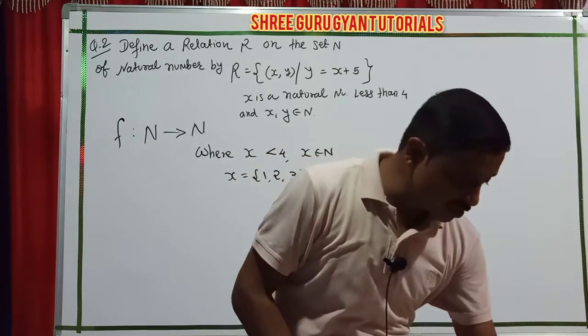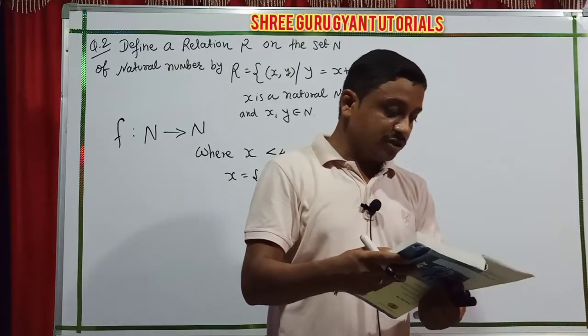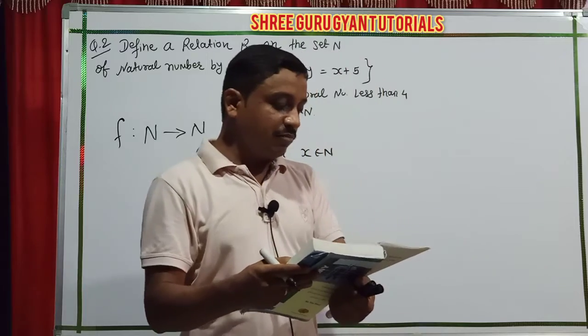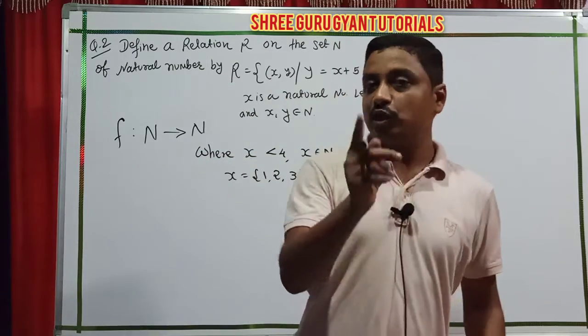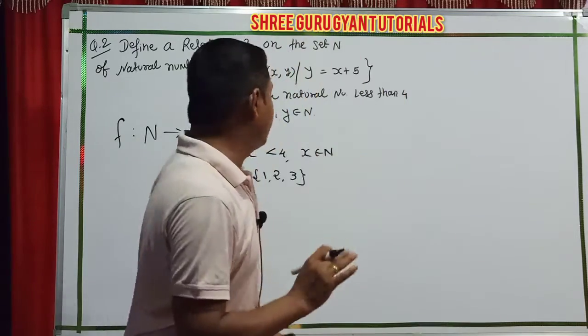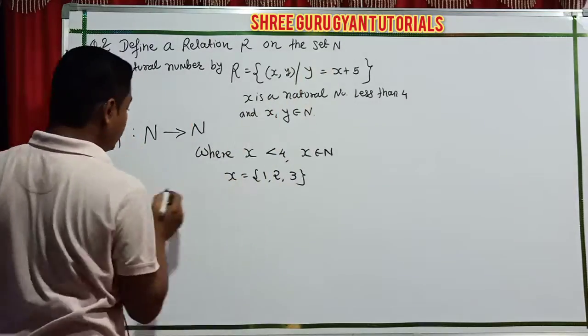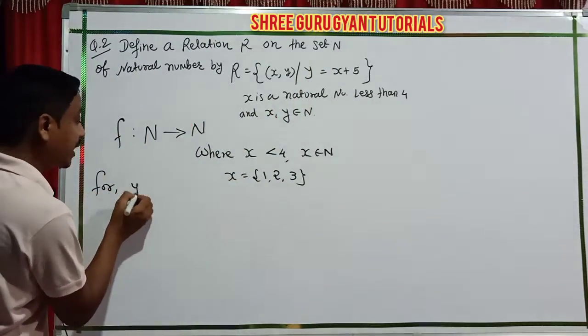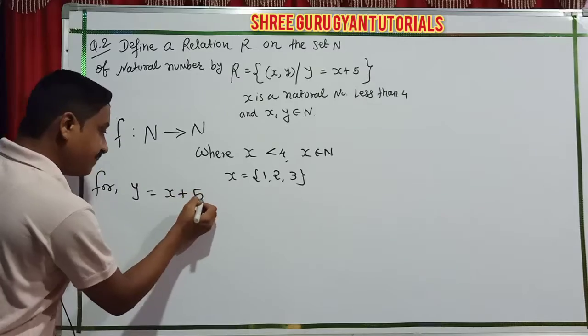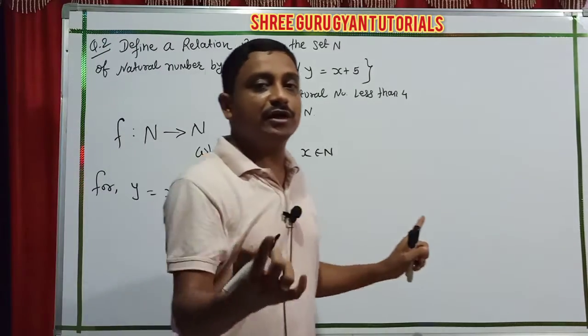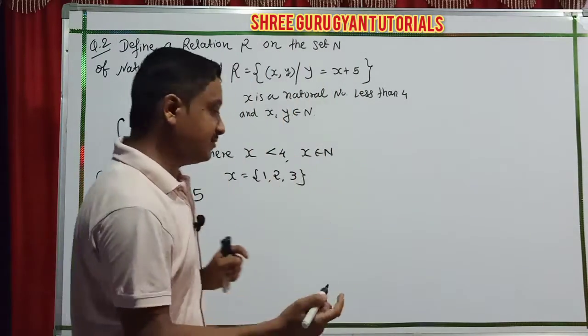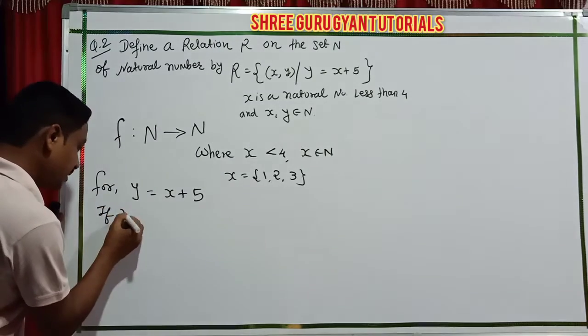Students, I read the question one more time, because x is given as a natural number less than 4, not less than or equal to 4. Only less than 4. And y is any natural number. Now I start. For y, it is x plus 5. Students, I take x as 1, 2, 3 respectively. So if x is equal to 1.